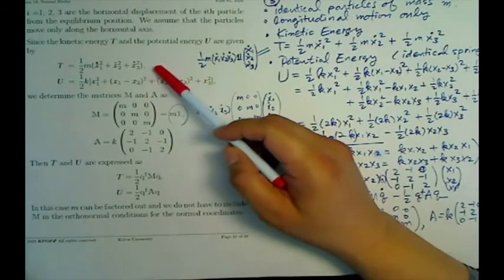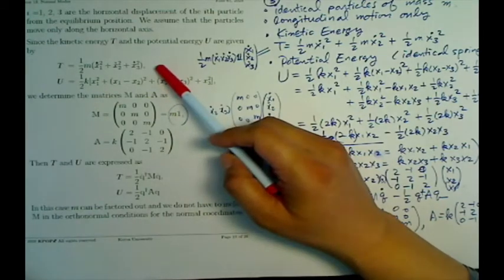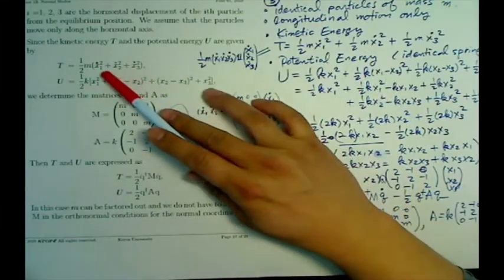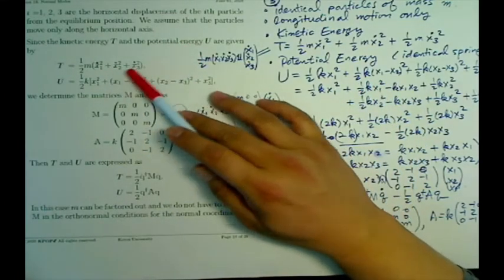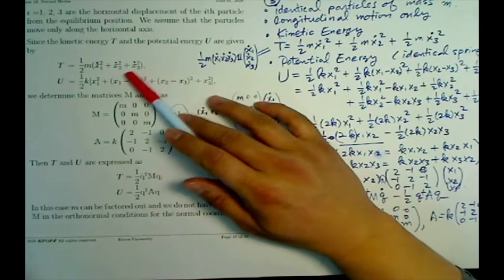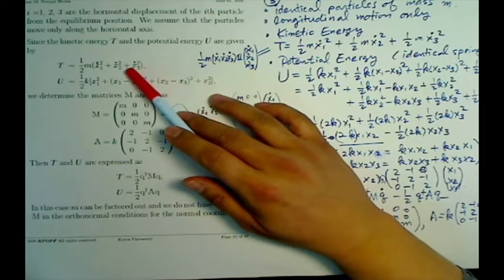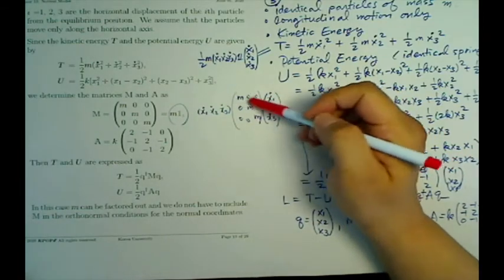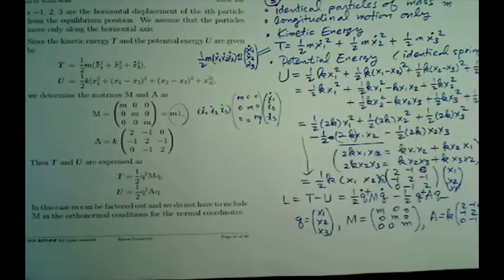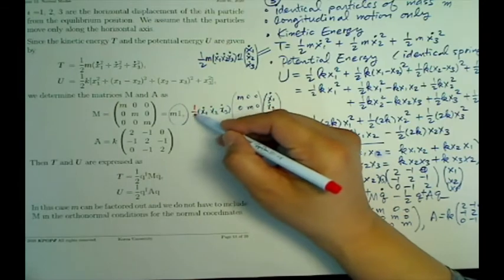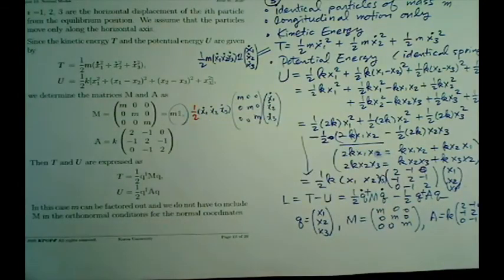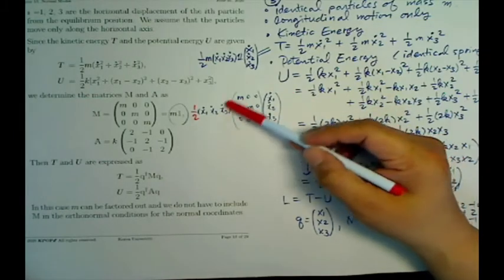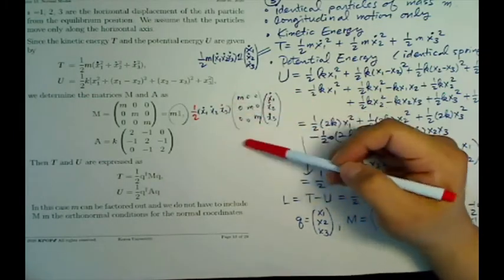We can rewrite this kinetic energy in a matrix form, because there are no mixed terms such as x1 dot, x2 dot. We have diagonal elements with mass m, and the kinetic energy is computed as 1/2 this row vector multiplied by the column vector, sandwiching the mass matrix.